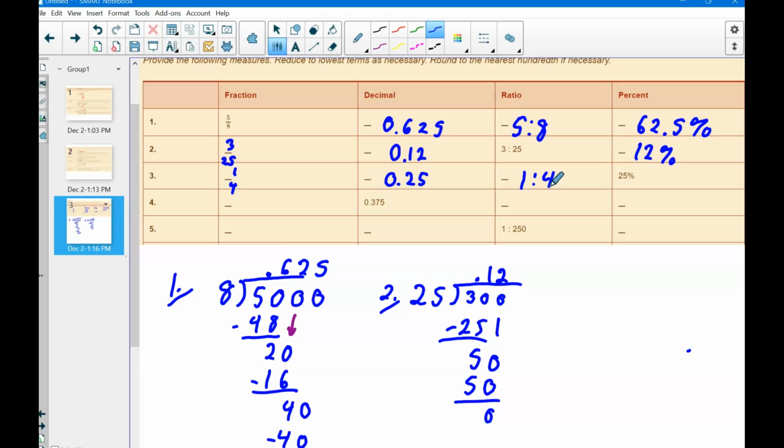It wasn't too painful. So this one here is a decimal. It's 0.375. As a percent, it's going to be 37.5%. As a fraction, what's it going to be?